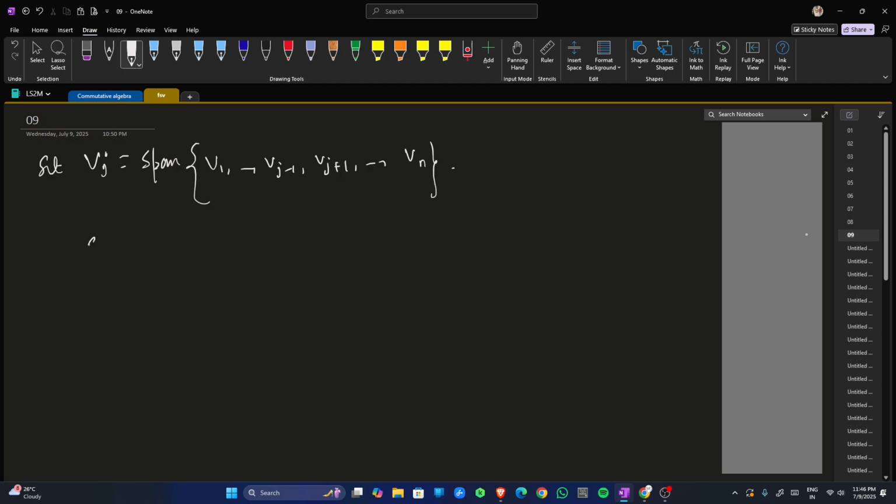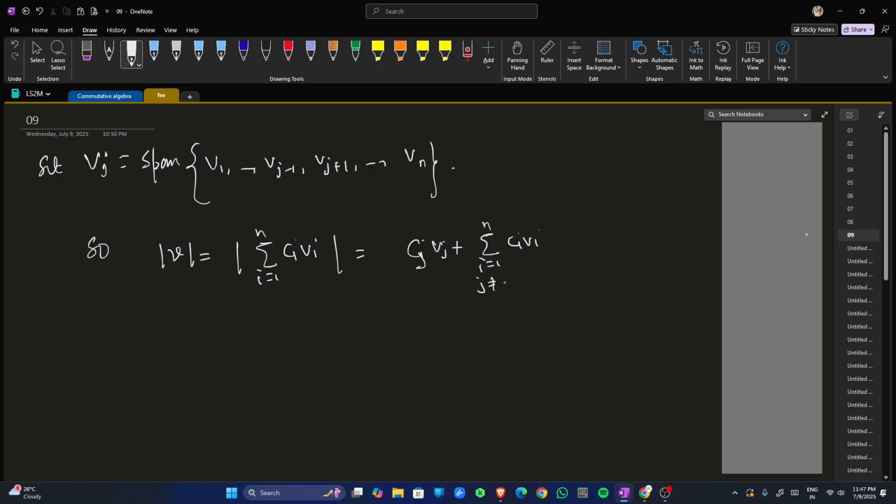Okay, so if I have norm v, this can be written as summation ci vi, i runs from 1 to n.